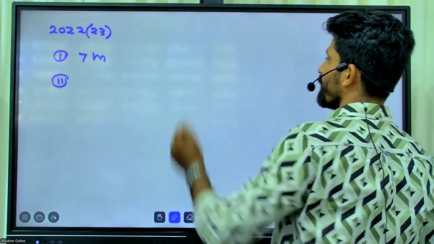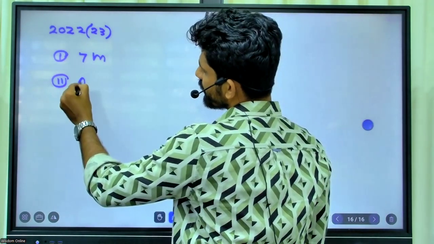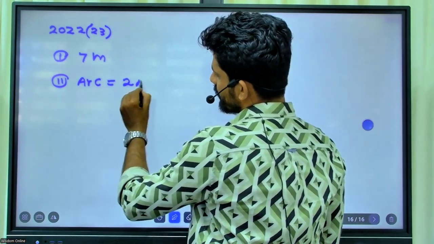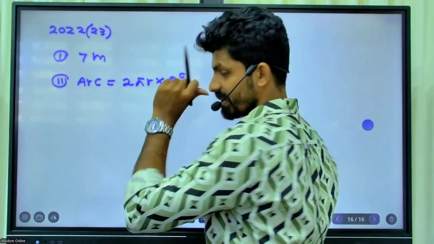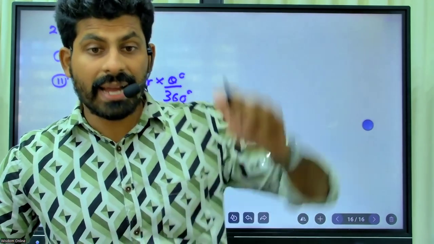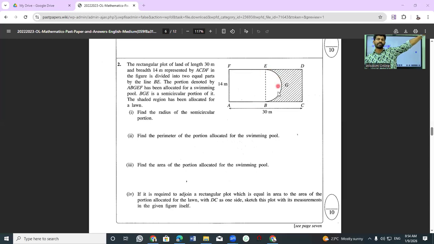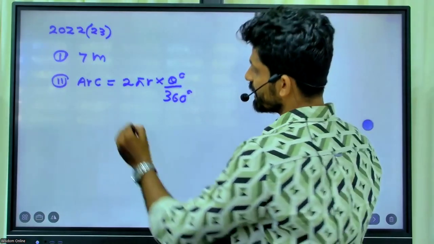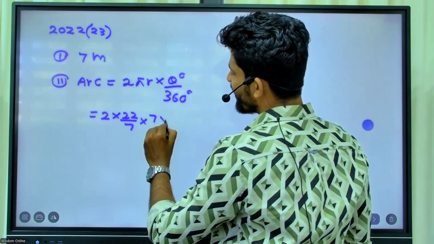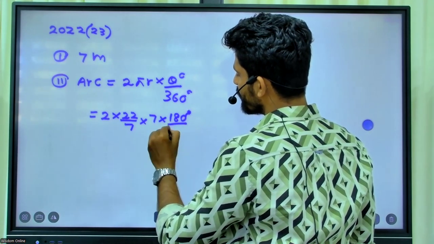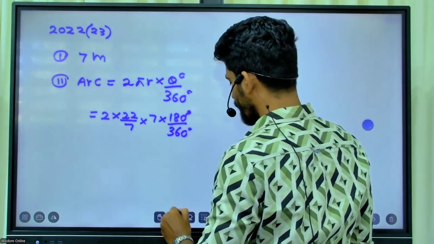First we need to find the arc length: 2πr times theta over 360. Arc length means that curve line, the curve line BEG. 2 into 22 over 7 into 7 into 180 over 360.